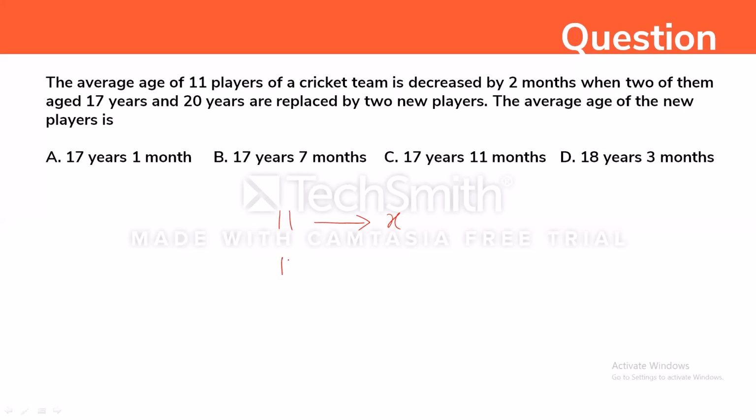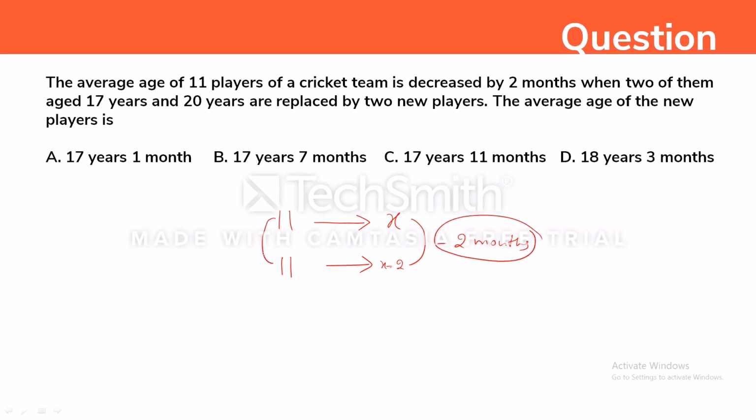In the next case also 11 members are there, but here the average is decreasing by 2 months, so X minus 2 months. You can consider it in years or months, it's completely your wish, but we are only focusing on months.